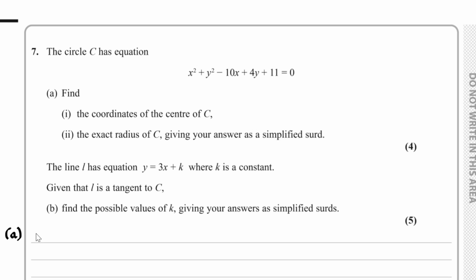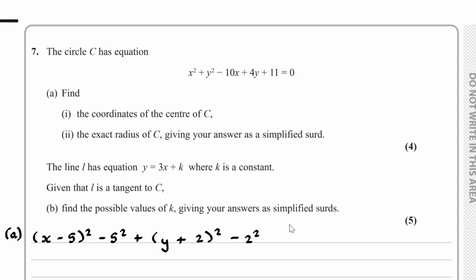If we complete the square focusing on the x's only, half of the coefficient of x is minus 5. So we have x minus 5 all squared. We then take away the square of 5. In terms of the y's, half of the coefficient of y is 2. So we have y plus 2 all squared. We then take away the square of 2.